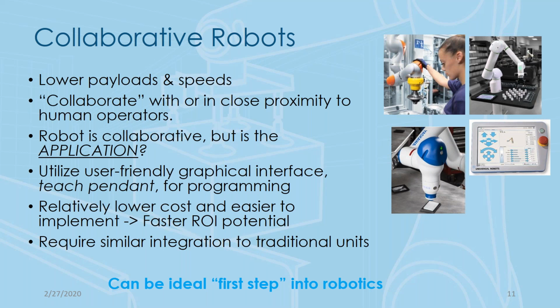As soon as you add a sharp or a hot end effector, or work with a workpiece that has burrs or is hot itself, or many different factors or possibilities, that's really where the robot may be collaborative, but you have to do a complete risk assessment to understand the application as a whole.